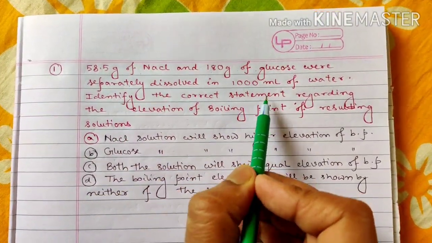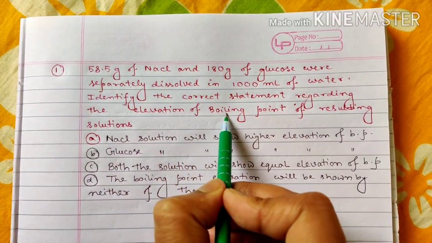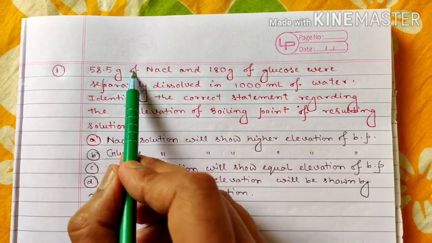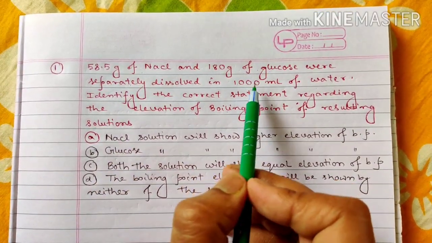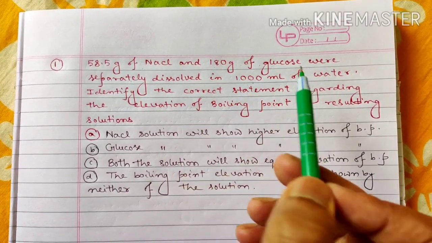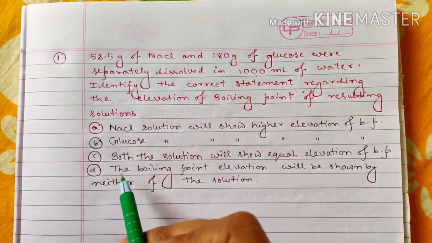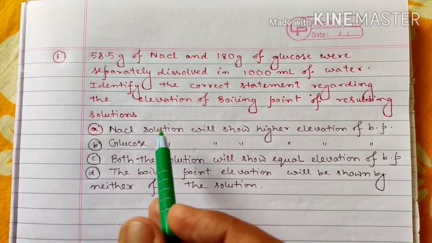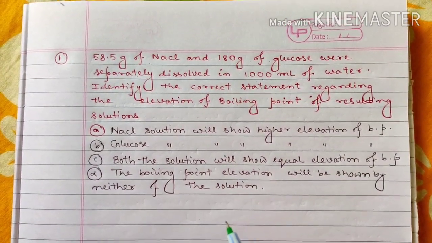Identify the correct statement regarding the elevation of boiling point of the resulting solution. So we are taking this much NaCl and this much glucose in 1000 ml of water, which is of course 1 liter, and there are some options for what will be correct. You can read out the options.